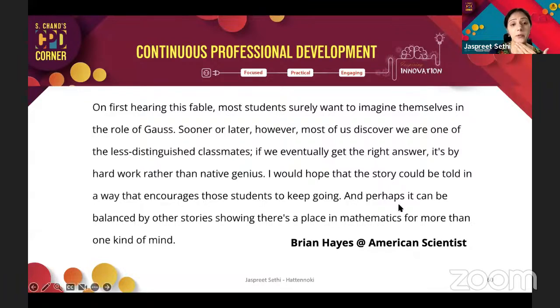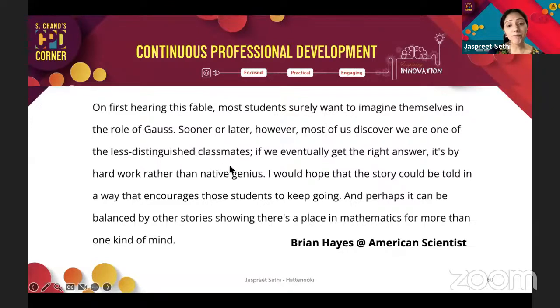It's very beautifully put by Brian Hayes in The American Scientist, that on first hearing this fable, and I have had students tell me this, most students surely want to imagine themselves in the role of Gauss. But sooner or later, most of us realize that we are less distinguished than Gauss. And to get the right answer, it's usually a lot of hard work rather than native genius.